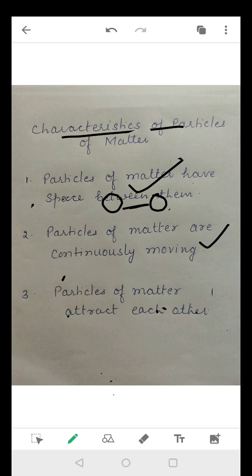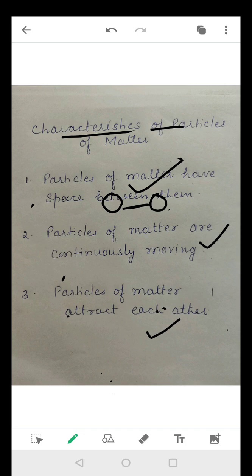Okay. Third is that particles of matter attract each other. Have you ever tried holding water? Suppose you open the tap, the water starts flowing. Now try to hold the water. Are you able to break the flow of water?